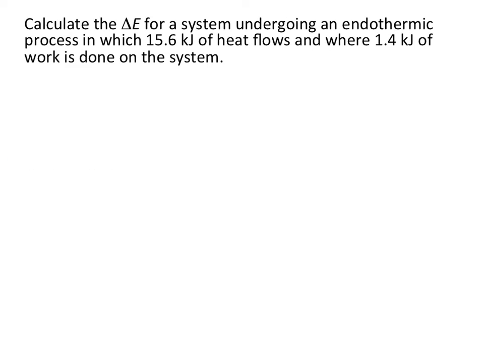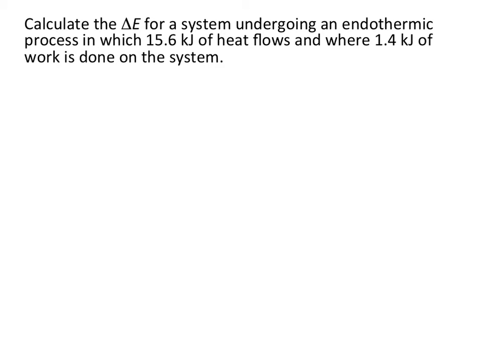So let's go ahead and look at some practice problems. This question tells us to calculate the delta E for a system undergoing an endothermic process in which 15.6 kilojoules of heat flows and where 1.4 kilojoules of work is done onto the system.